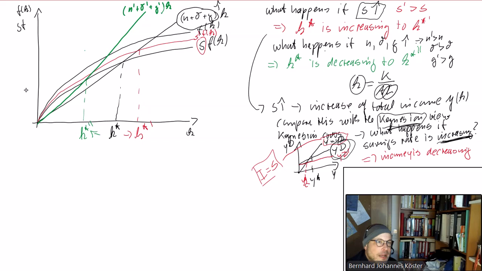Well, the neoclassical model focuses much more on the supply side, especially here. This is maybe the main building block of our model, production, f of k, depending on k, depending on capital.